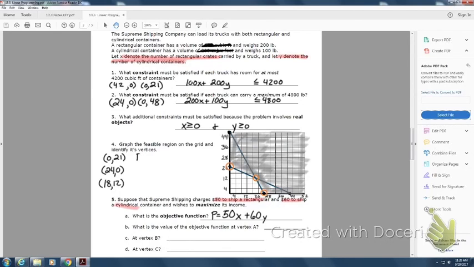So we need to plug each vertex that we found into that objective function and see what it gives us.